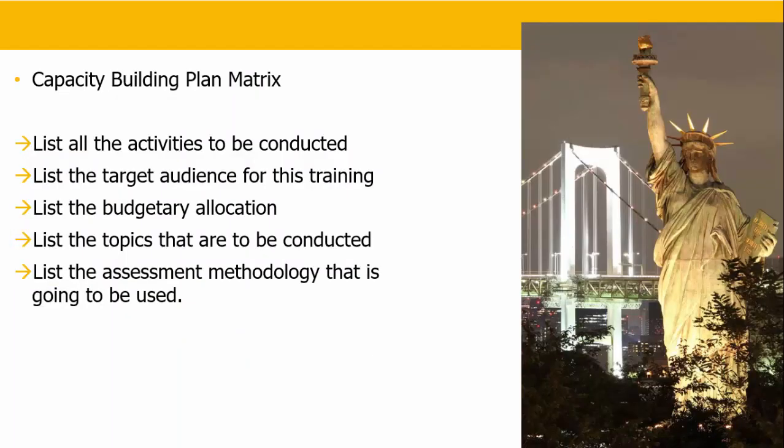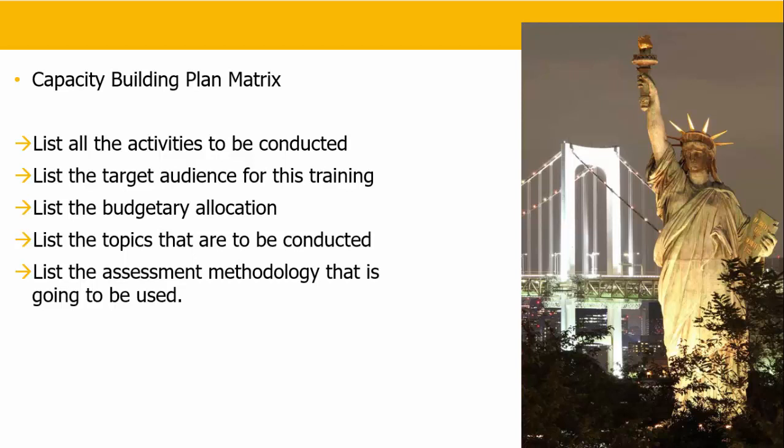Now the matrix, and I think in the coming weeks or probably next week, I'll give you just an idea of how the capacity building plan matrix can look like.